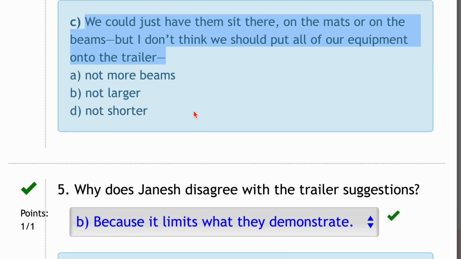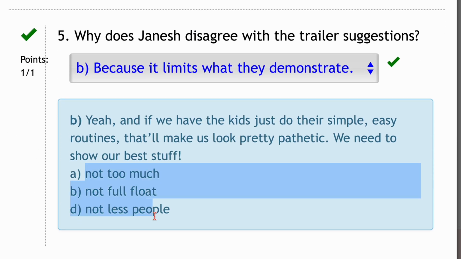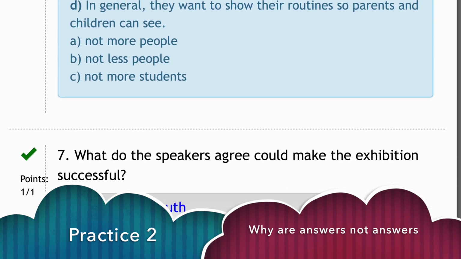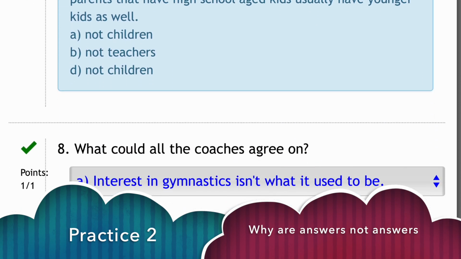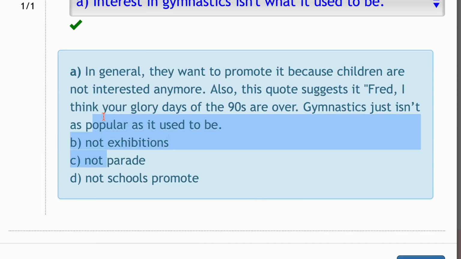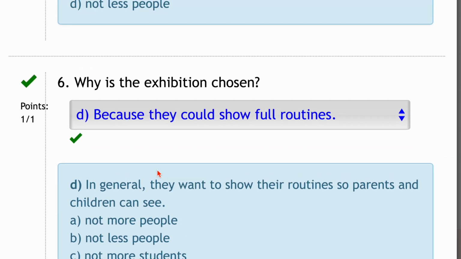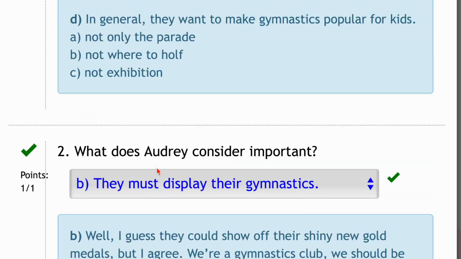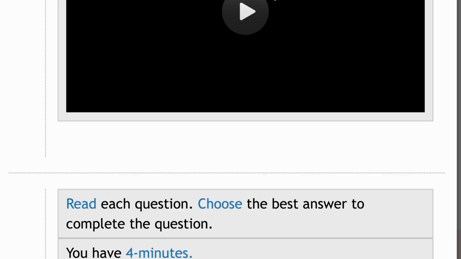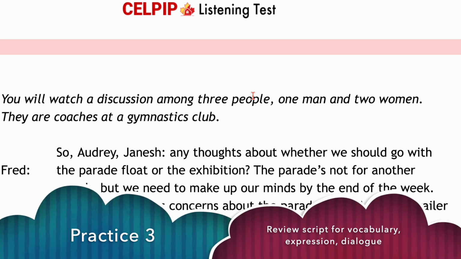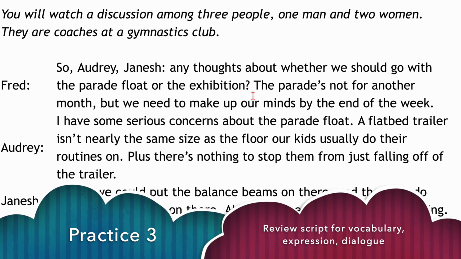Why is the answer the answer? Why are the other answers not the answers? And this will really help you build comprehension skills, okay, everyone? So very, very important to understand the answers, okay? And secondly, very important to understand the script, okay? Let's look at the script.